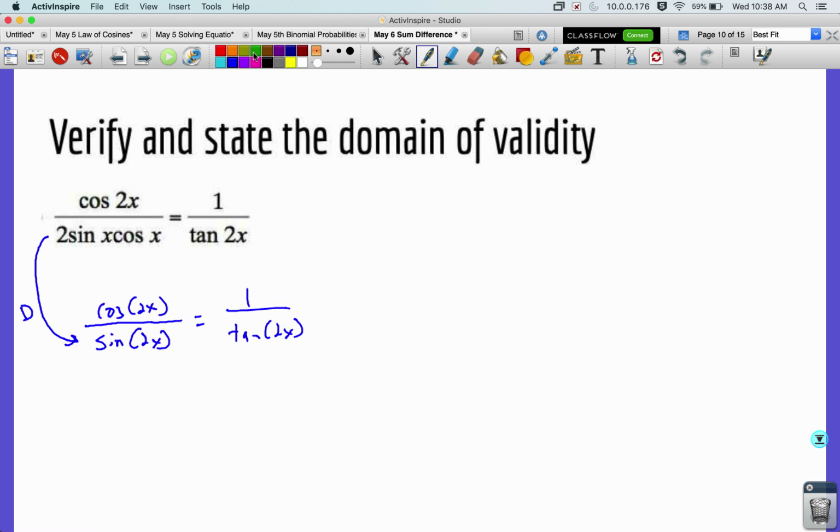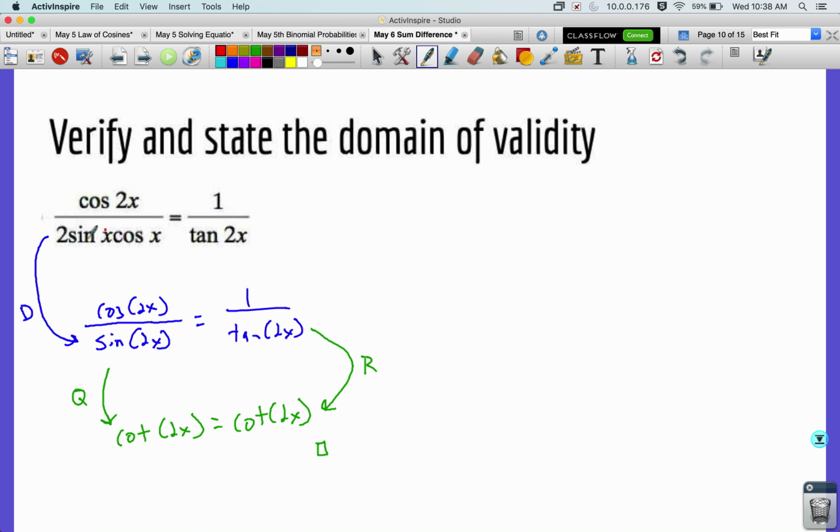All right, now cosine over sine equals cotangent. The 2x will just come along for the ride, so this becomes cotangent of 2x by one of our quotient identities. And now by a reciprocal identity, I can do the same thing over here. 1 over tangent of 2x is the same as cotangent of 2x. Two sides match, so we complete our verification.